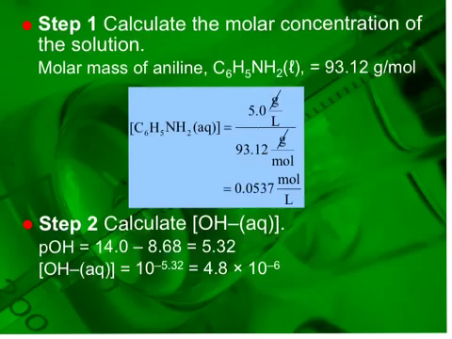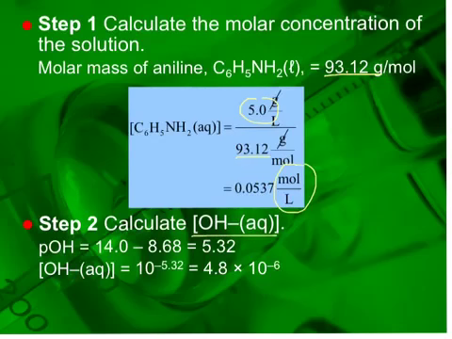So we know that we have 5 grams, and we can calculate the molar mass of aniline to be 93.12. If we divide 5 by 93.12, our units cancel, giving us moles per liter, the units for concentration. Our second step is to determine the concentration of hydroxide.